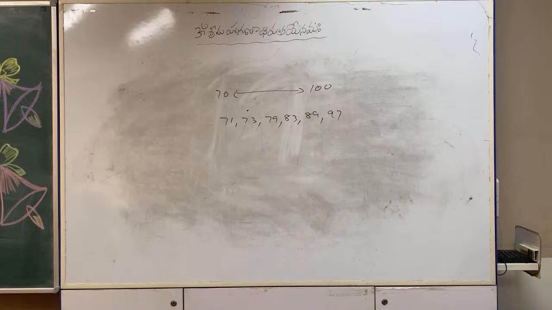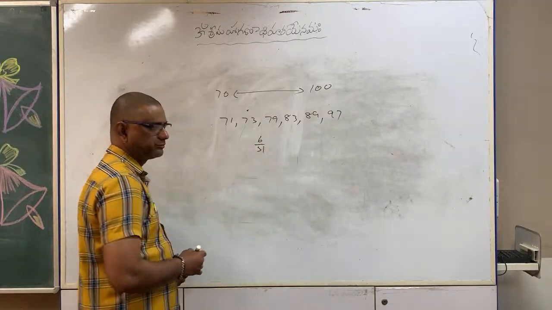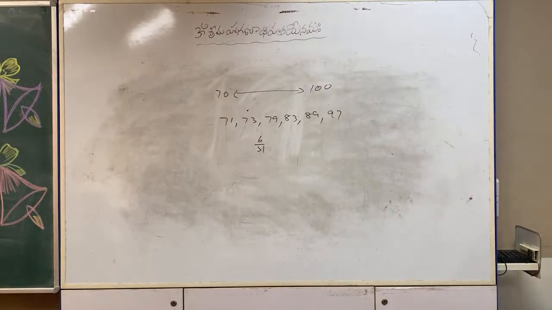And total? From 70 to 100, how much is it in total? 31. 6 by 31, first question answer. 29? Between.